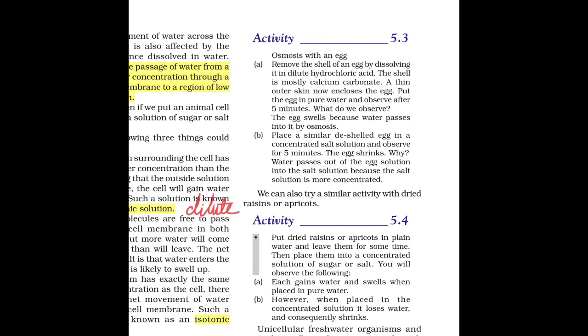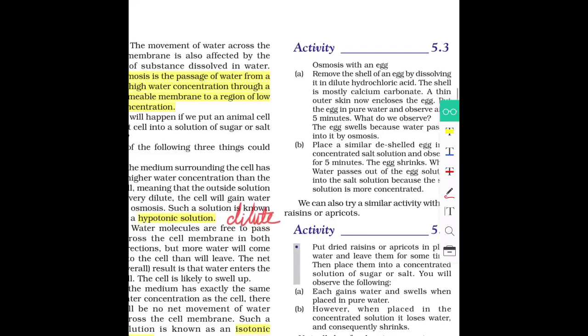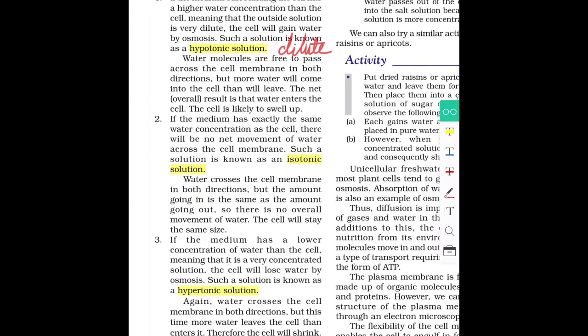Water passes out of the egg into the salt solution because the salt solution is more concentrated. So, did you see? In one it is a hypotonic solution and in the other it is a hypertonic solution. The other word which we can use for hypertonic is concentrated.